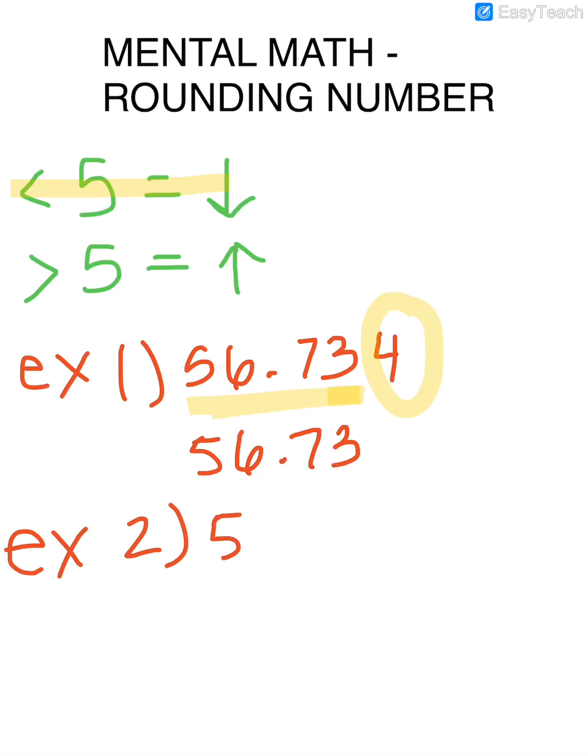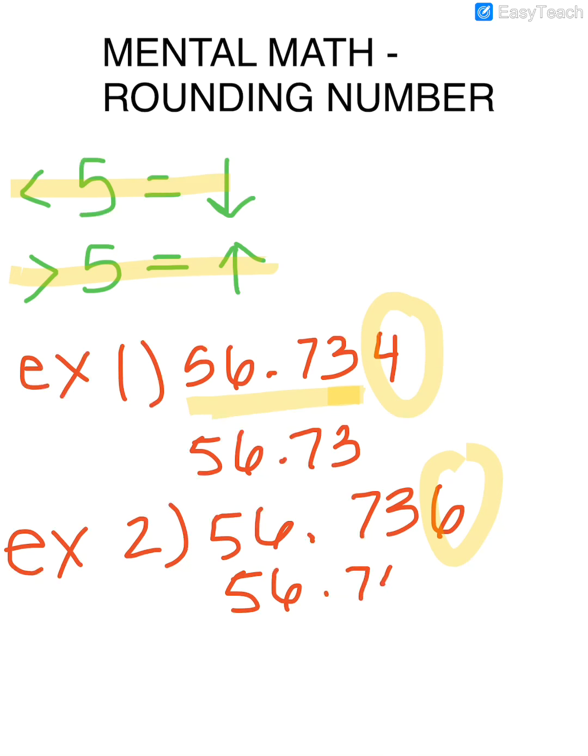But now let me show you another example. If the number was 56.736 and it wanted you to round to the nearest hundredth, since this number is greater than 5, you would round up, meaning your answer would be 56.74.